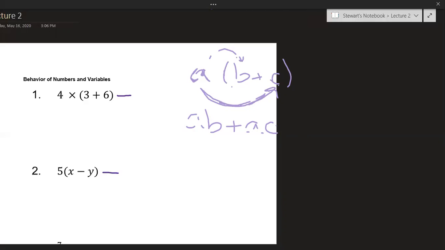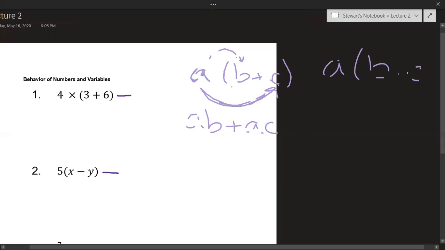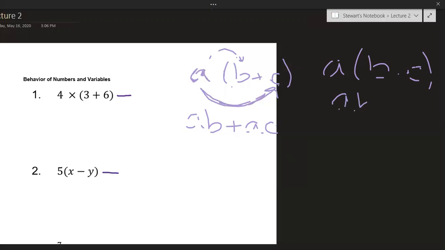Say you had A times the quantity B times C. That would fall under the associative property of multiplication, and you could interchange any of these, and you just multiply all three together, and you'd end up with A times B times C.